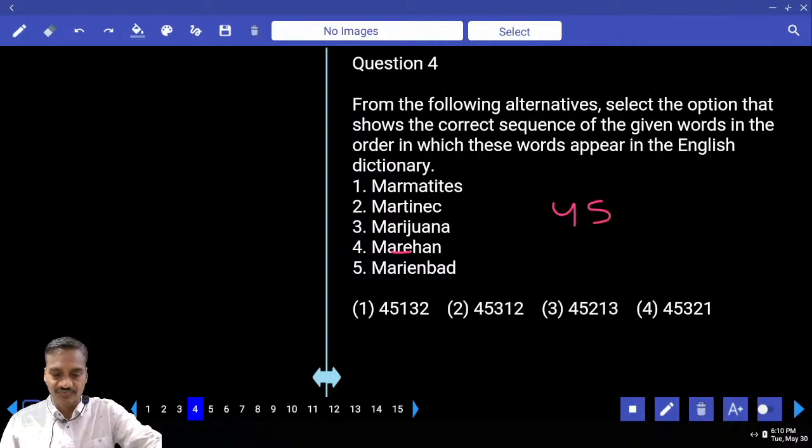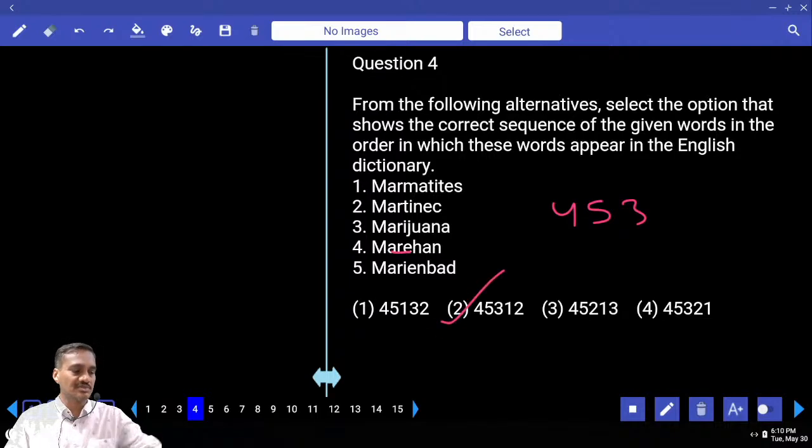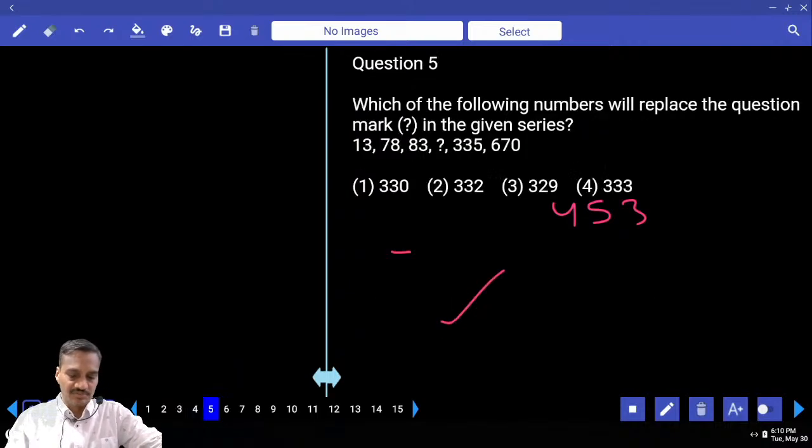Next, M-A-R-M, that is 3: 4, 5, 3. Now between 1 and 2, which comes first? 1 comes first. So choice 2, question number 4.